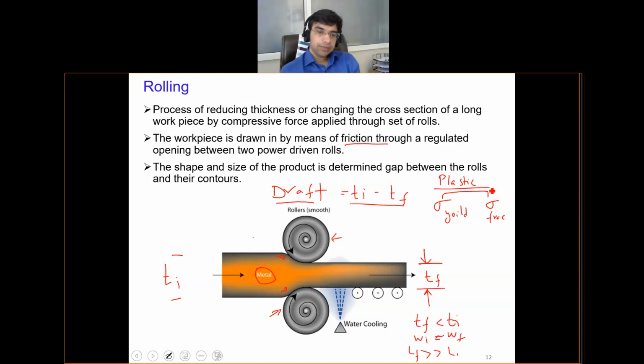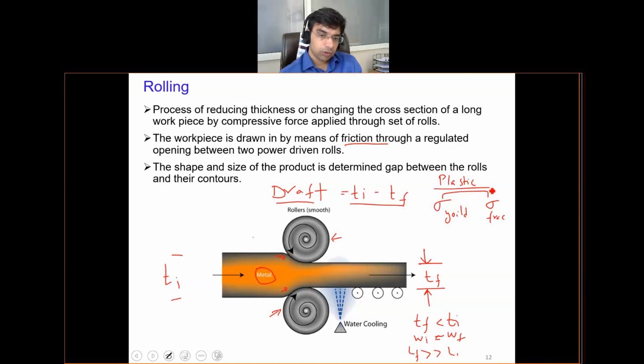So we are plastically deforming the material, and in rolling, the deformation is by reducing the thickness and thereby increasing the length. Many products are made this way, which I will show in photographs in the subsequent slides.